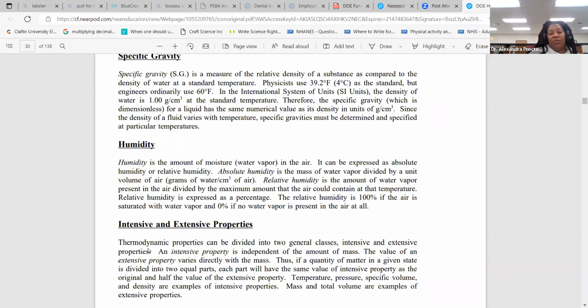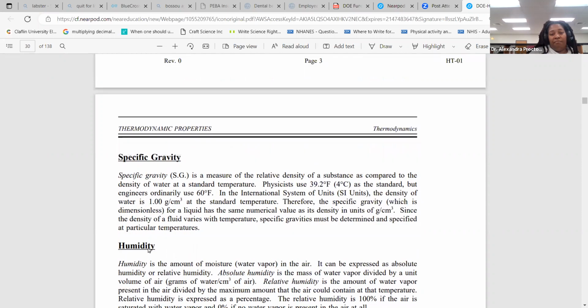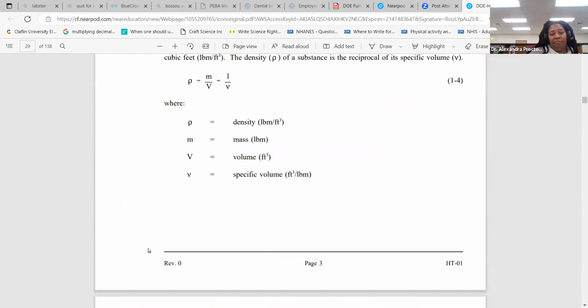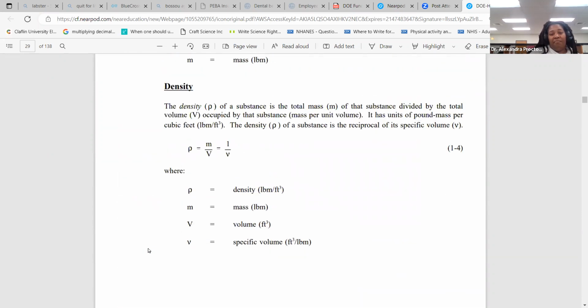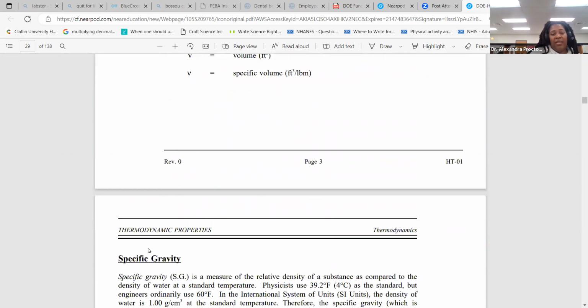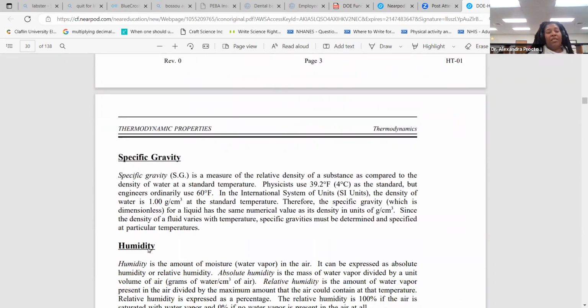So your units for density were what? Pound mass per, right, cubic foot. And in the SI system, the units are grams per centimeter cubed.